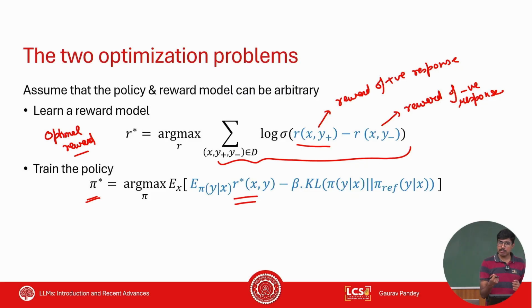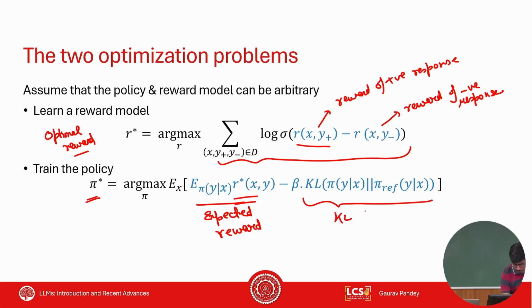So this optimal policy is the one which maximizes this thing, the expected reward, and this is the KL term with respect to the reference policy. So the optimal policy maximizes the expected reward as measured by the optimum reward model, while simultaneously keeping the KL term low.